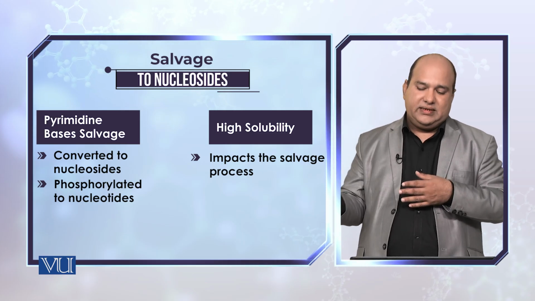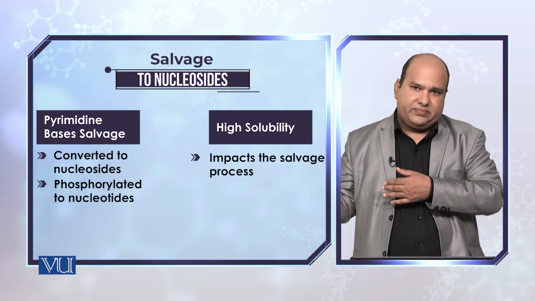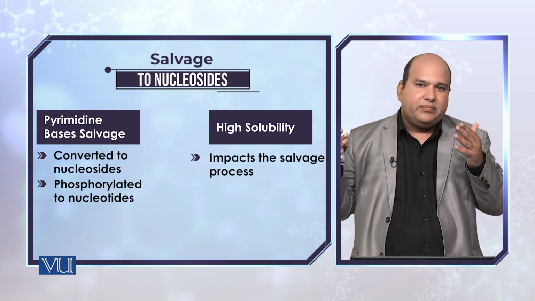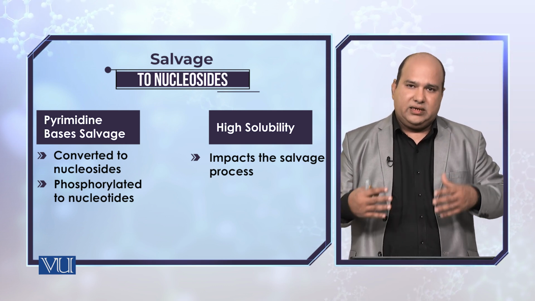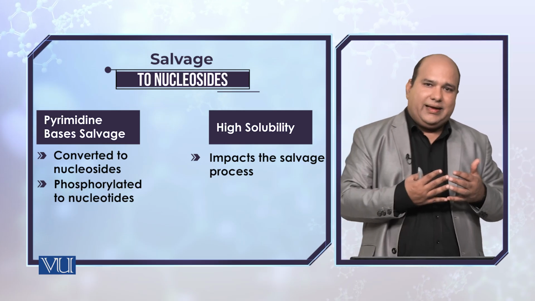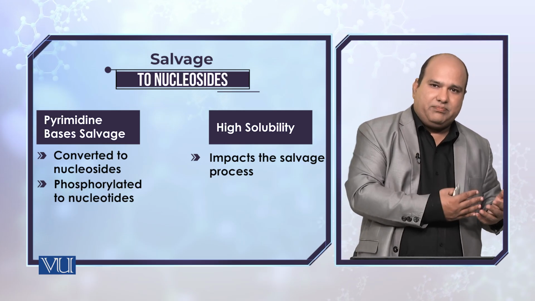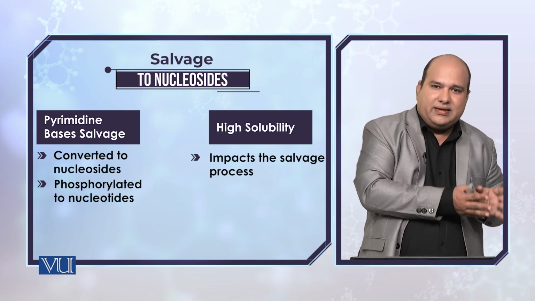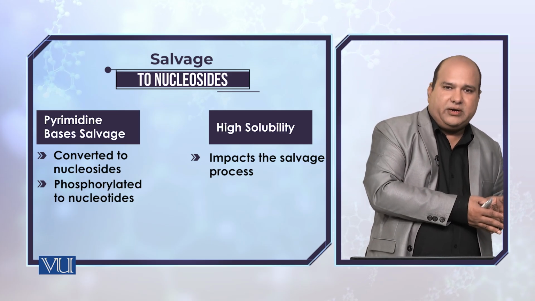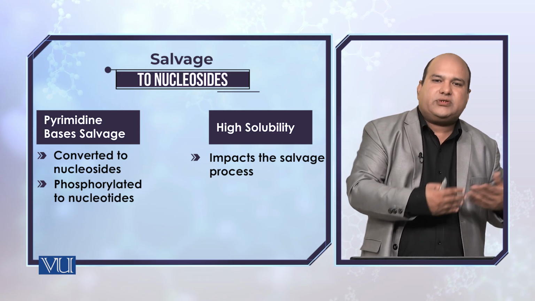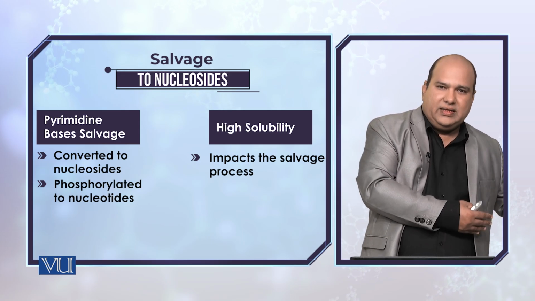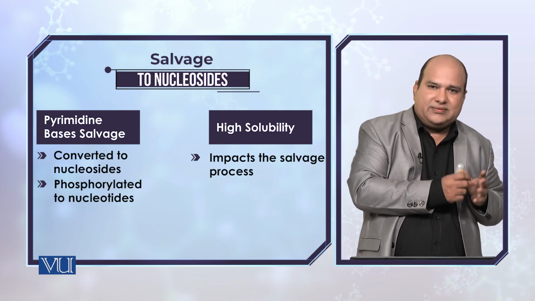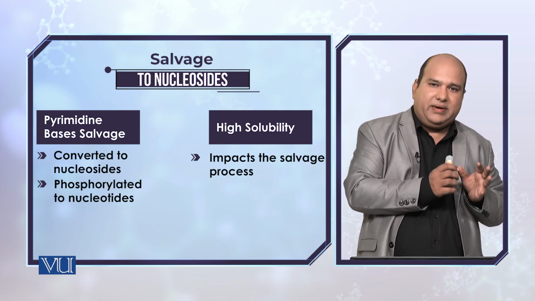This was not the case in the purines. Also, in the case of purines, you had to make double ring compounds, which are more difficult to make as compared to relatively simple pyrimidine compounds. So you don't have to depend upon the salvage process for the formation of pyrimidine-based bases or nucleosides. So that's one of the things you have to keep in mind. Thank you.